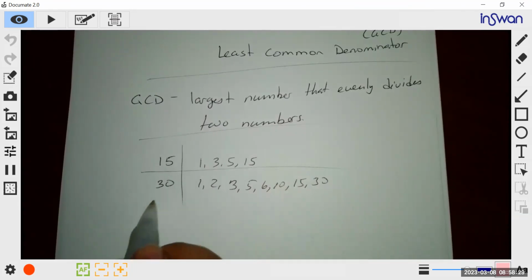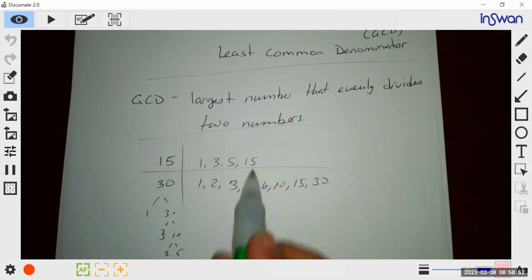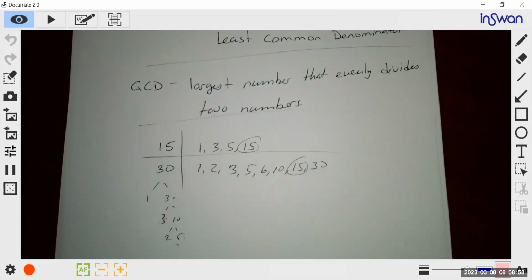We have to look at all of them. So 30 is made up of 1 times 30, 3 times 10, 2 times 15, 6 times 5, 5 times 6. So any combination of those. What's the greatest common divisor then? Does 15 go in 15? Yes. That's that one. So break them up into pieces and see what the largest one is.